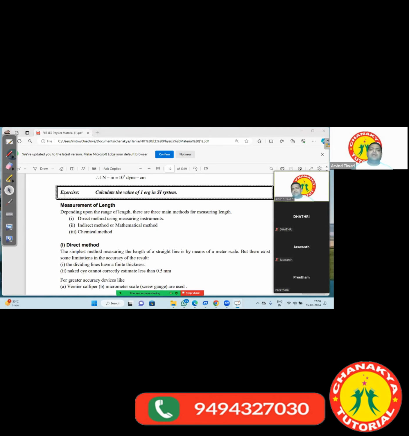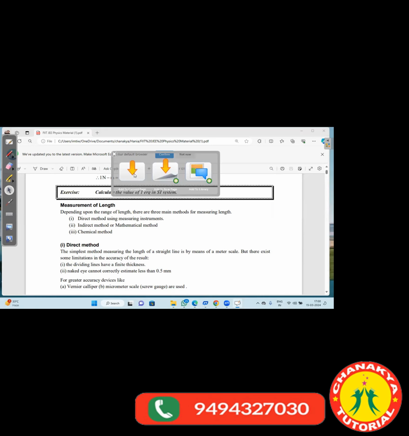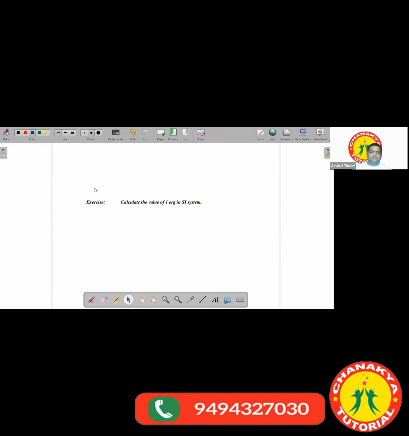Calculate the value of one erg in SI system. So what is one erg? Do you know what unit erg represents? No, sir.